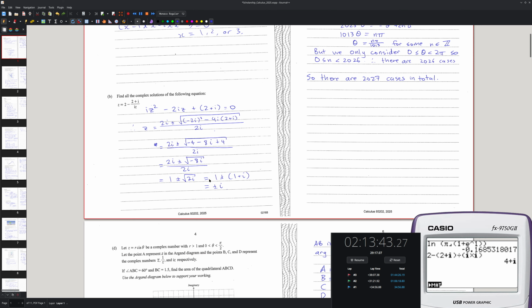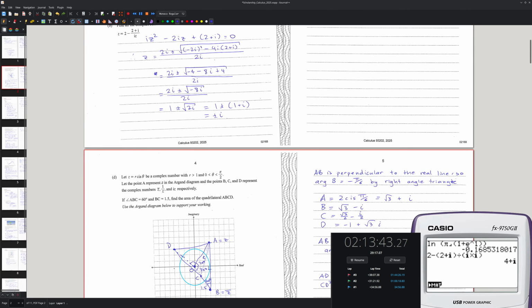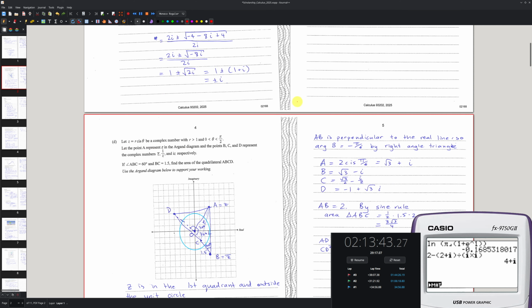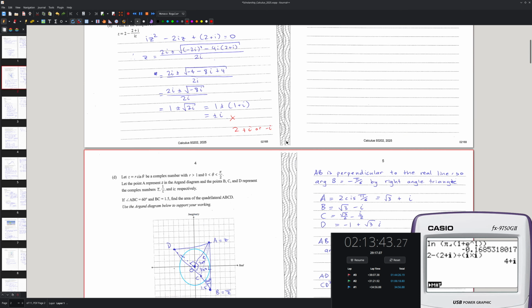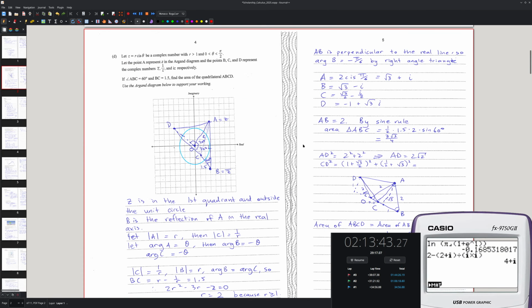Yeah. I got 1 plus or minus 1 plus i, and then for some reason I thought that was plus or minus i. Okay, all good. And then that's 2027 for 1C. Yep. Okay.